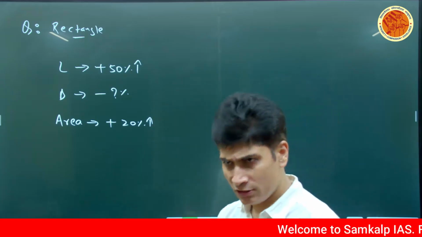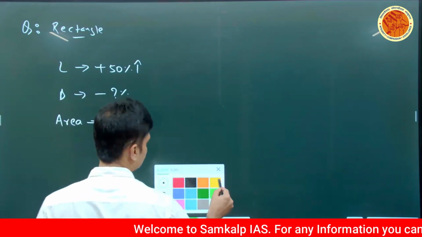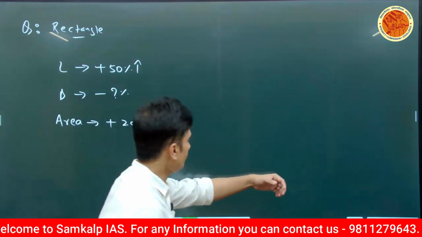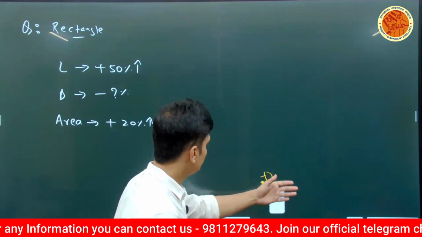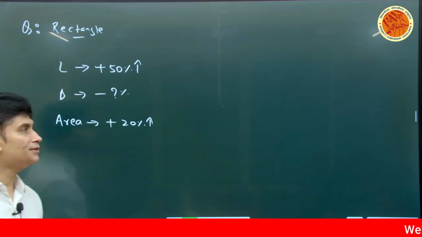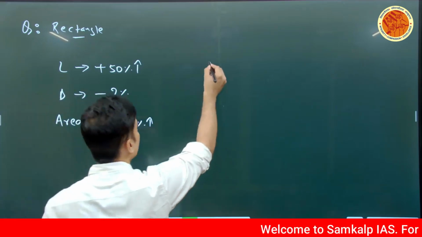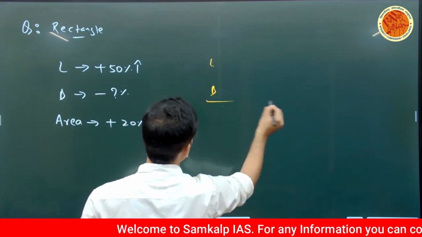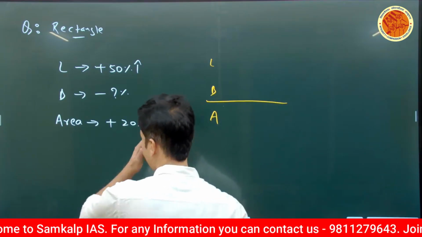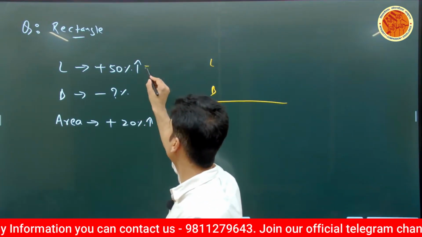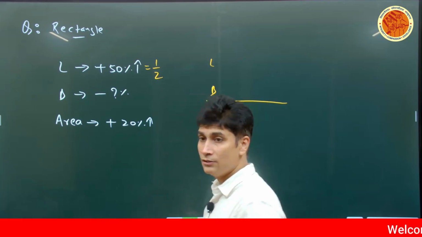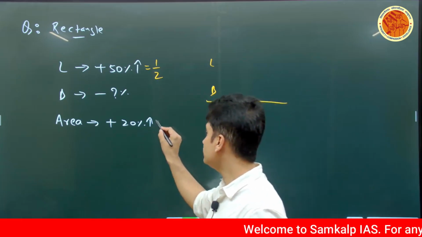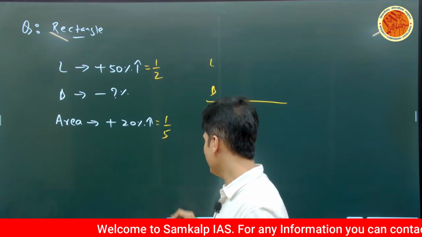Okay, let's understand the concept. See, if I am writing length L, breadth B and area A, 50% is 1 by 2, 20% is 1 by 5.